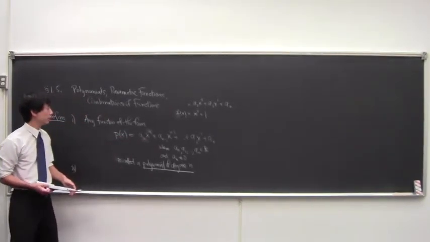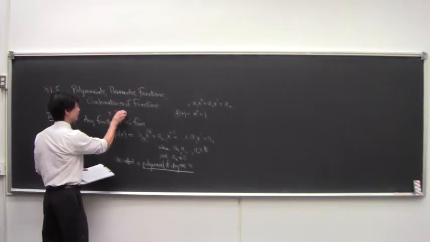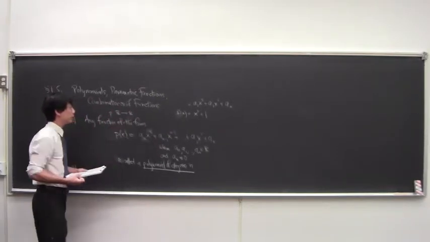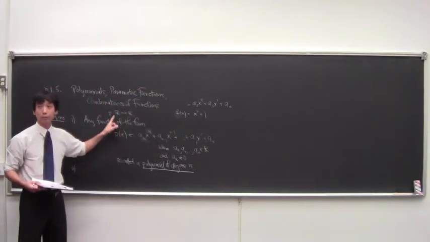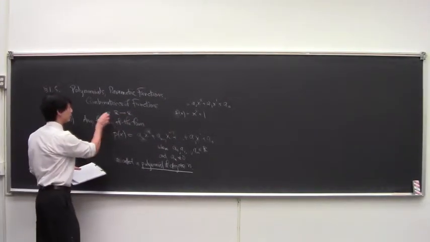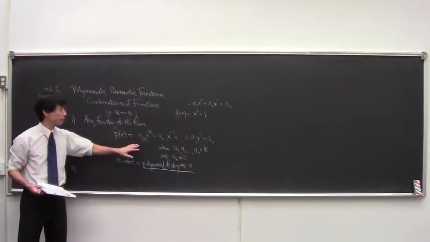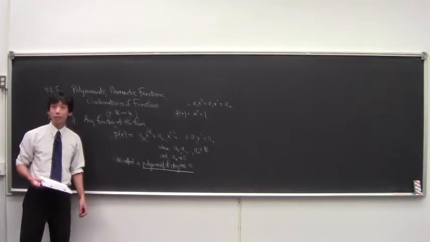So this is a function, and maybe to be very proper, I should say it's a function from R to R, to indicate that the x is also a real number, and of course the a's are real numbers. So any function p with domain R and range R of this form is called a polynomial of degree n.